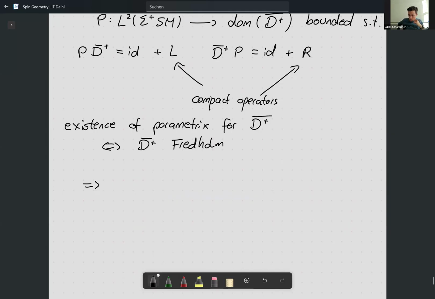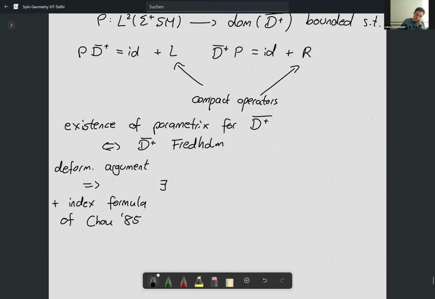So our cones are not straight yet, but we can do some deformation argument and then use an index formula which goes back to Cheeger from '85, which yields us again a harmonic spinor on this manifold with cone-like singularities.